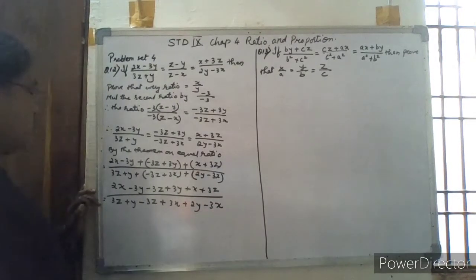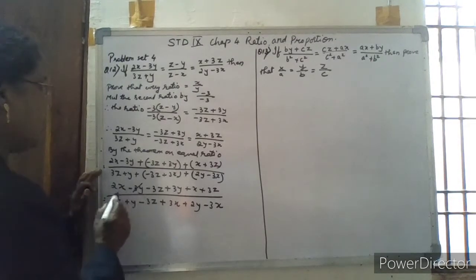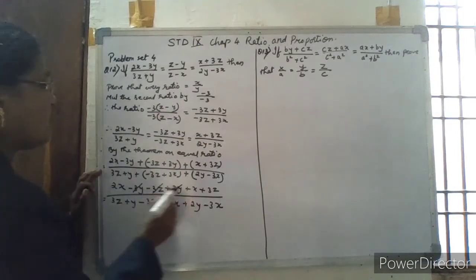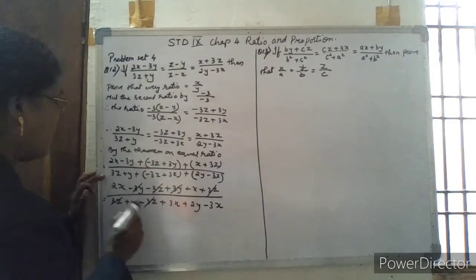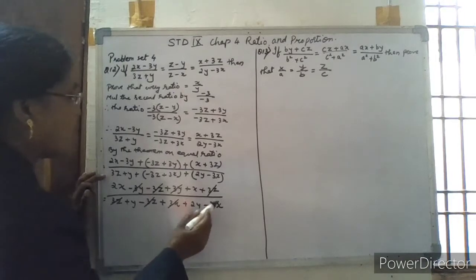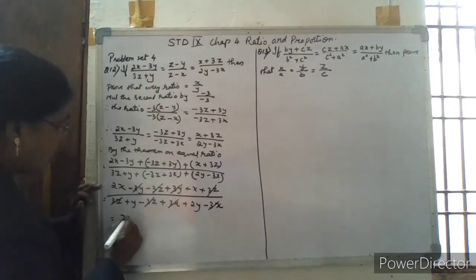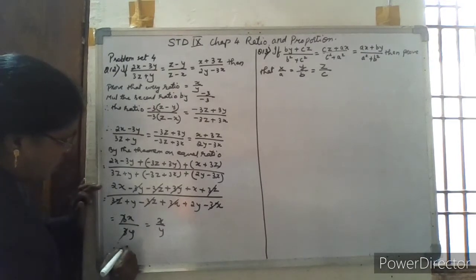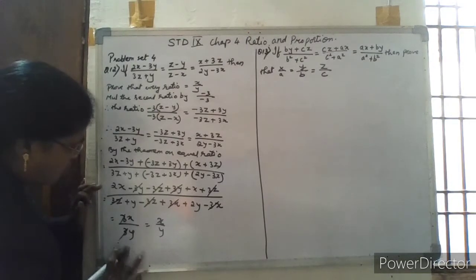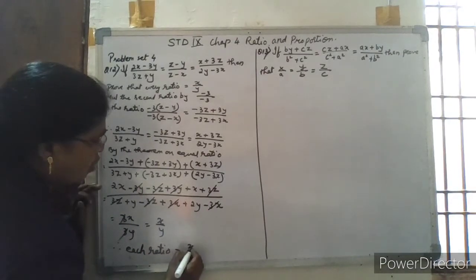Now see what we are left with. Minus 3y plus 3y cancels, minus 3z plus 3z cancels, and here plus 3z minus 3z cancels, plus 3x minus 3x cancels. So we are left with 2x plus x, which gives you 3x, upon y plus 2y, which gives you 3y. 3 cancels, that is equal to x by y. Therefore each ratio is equal to x by y. Hence proved.